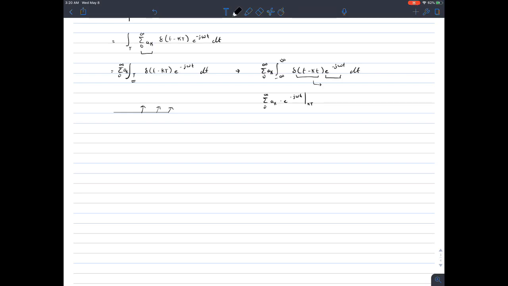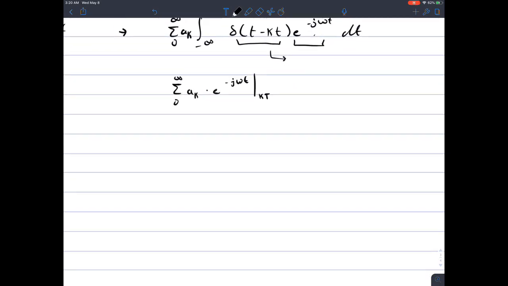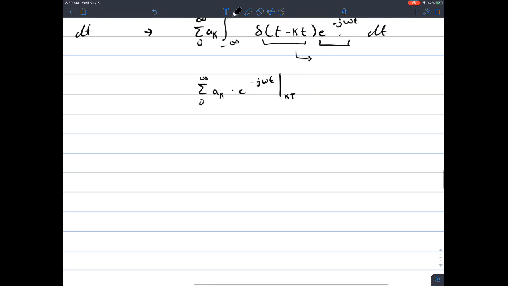And at every kT value, there's one of these multiplied by e to the negative j omega t. So it is now going to be equal to the summation from 0 to infinity of a sub k times e to the negative j omega kT.